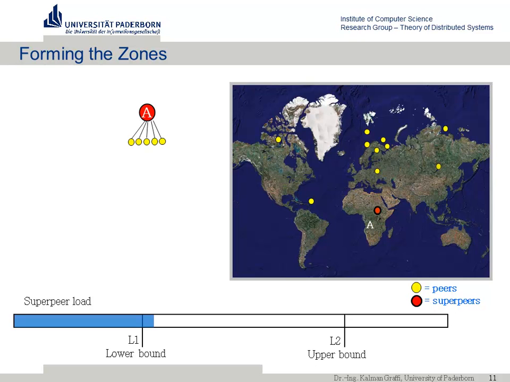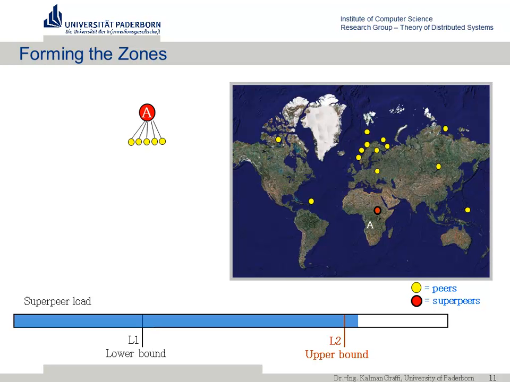Now more and more peers join, and the load of node A rises above the upper bound, L2. Every node has a specific upper bound. You can also set them the same, but the idea is that the upper bound is the maximum load that every node is willing to take.